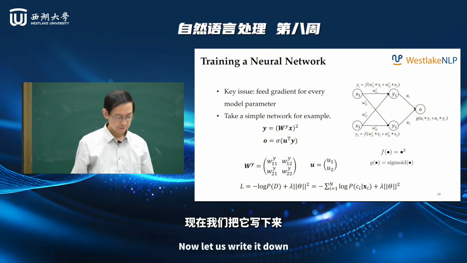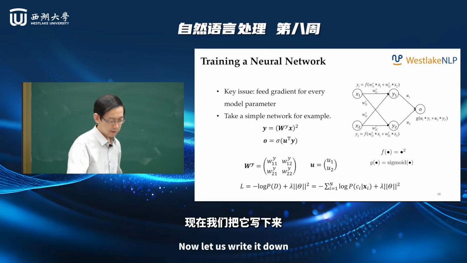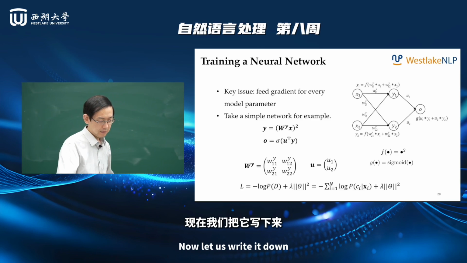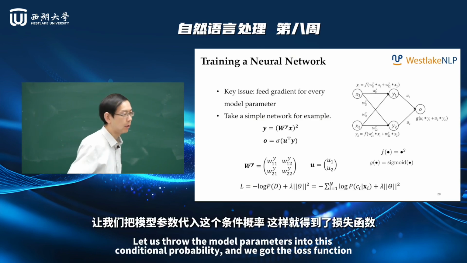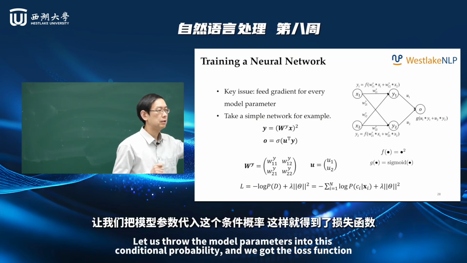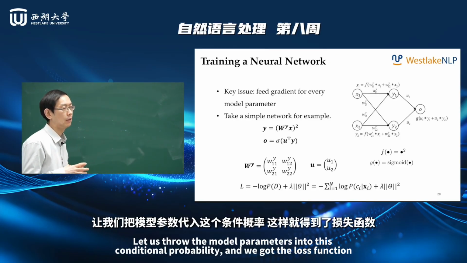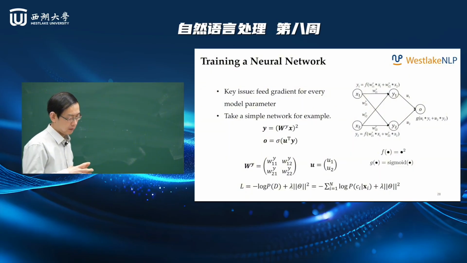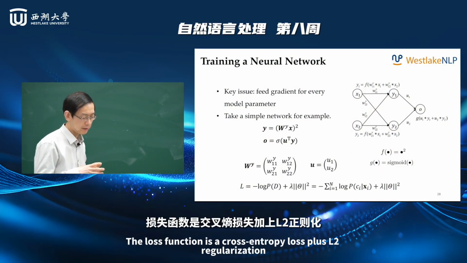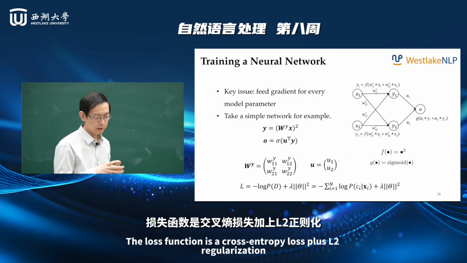Let us write it down. Let us throw the model parameters into this conditional probability, and we get the loss function. The loss function is a cross entropy loss plus L2 regularization.